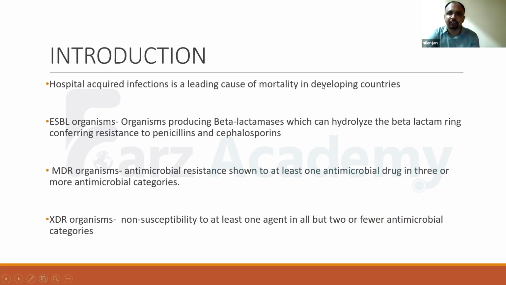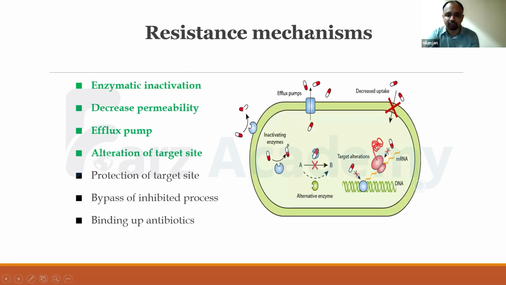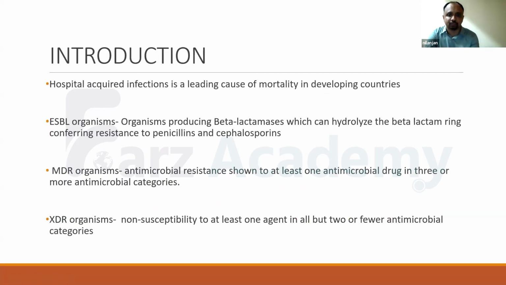So, it's important that we know what is an ESBL organism, what is an MDR organism, and what is an XDR organism. The definitions go like this: organisms which produce beta lactamases that can hydrolyze the beta lactam ring and confer resistance to penicillins and cephalosporins are ESBL organisms.